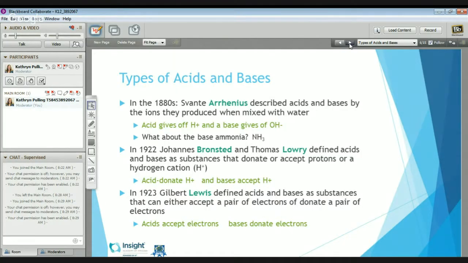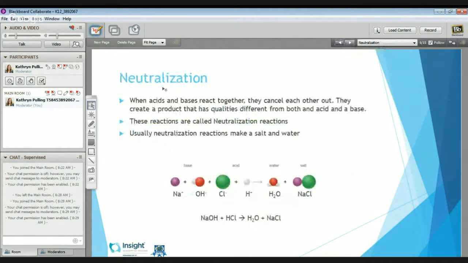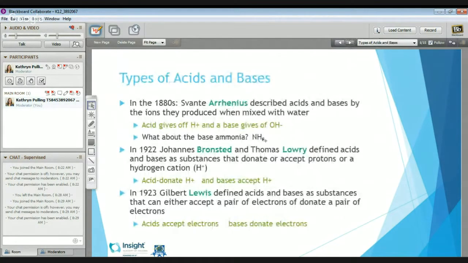An acid is going to give off a hydrogen positive ion, an H plus, and a base is going to give off an OH minus. So if you look back on the last slide, our base has the OH minus, our acid has the H plus. And that works for a lot of acids and bases. It doesn't work for all of them, because ammonia is a base, but it has no OH to give off.